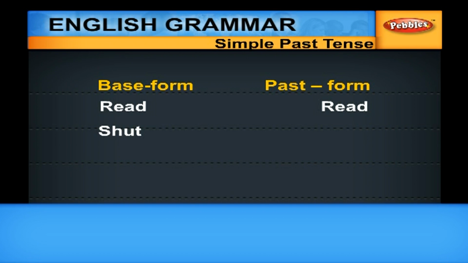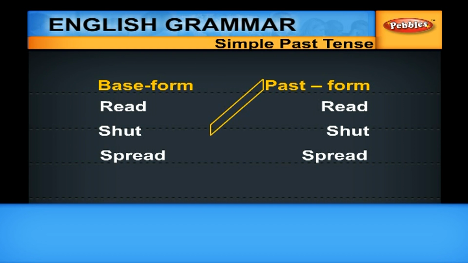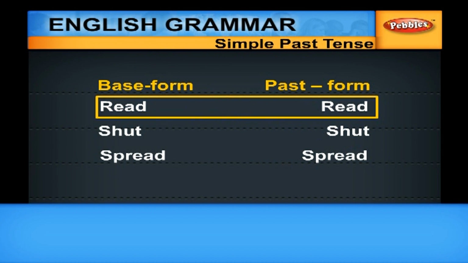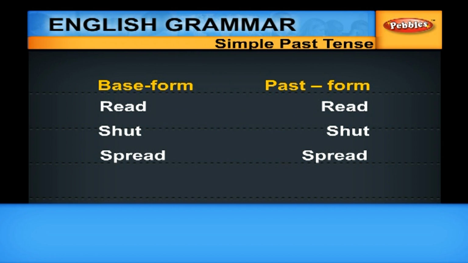Past form again is shut. Base form is spread. Past form again there is no change. In the case of read, the past form of read is read, though you will be spelling it as R-E-A-D. It has to be pronounced as red only and not reed.